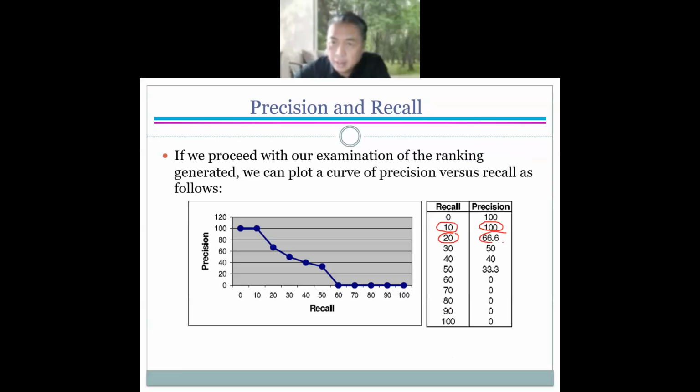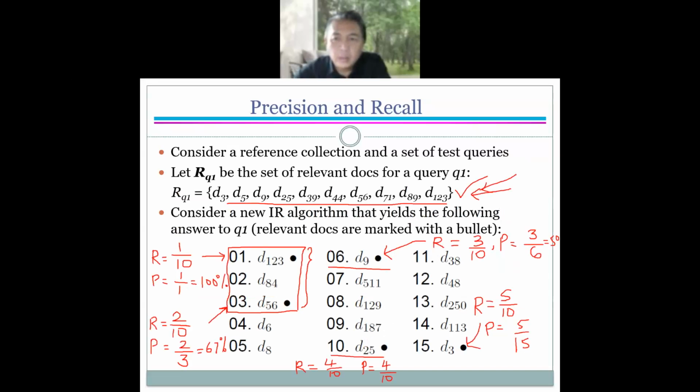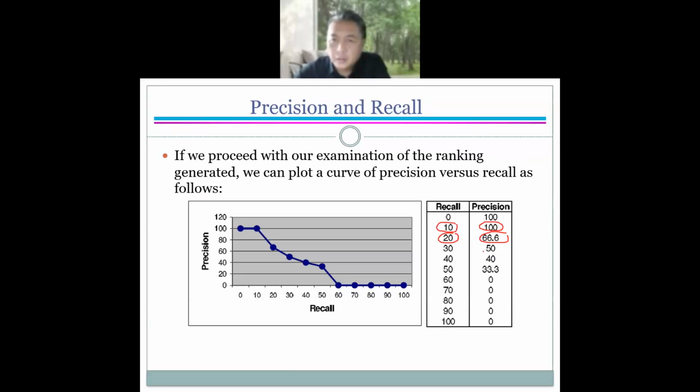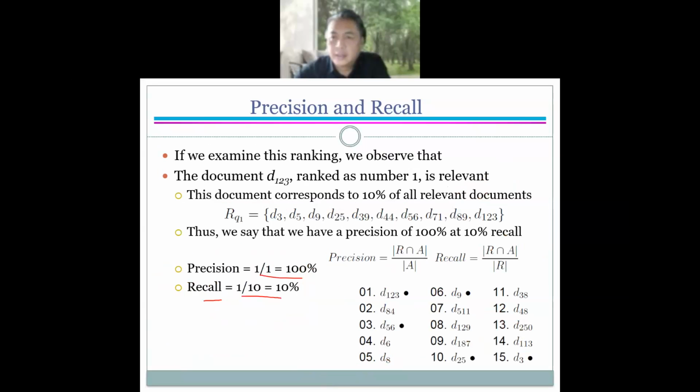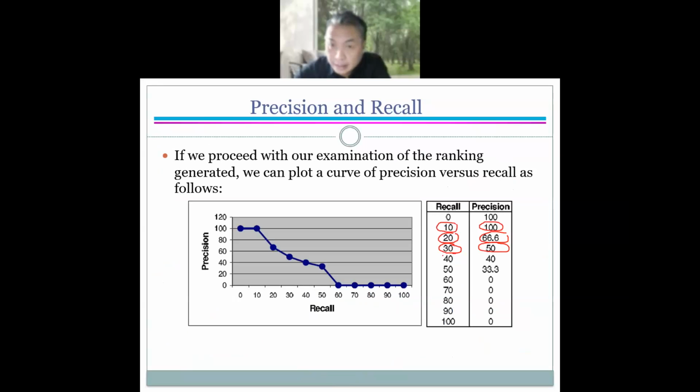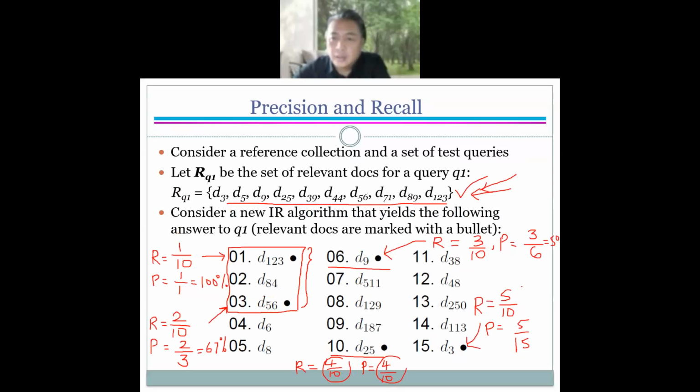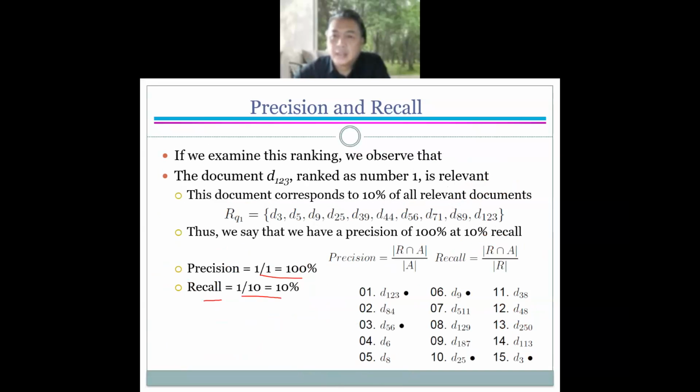Okay, and then the third one, the recall is 30%, and the precision is 50%. Okay, and then the next one is 40% recall, and this is also 40%. So we need to complete this table first. Okay, and then the last one is this one. The recall is 50%, and this is 30%.